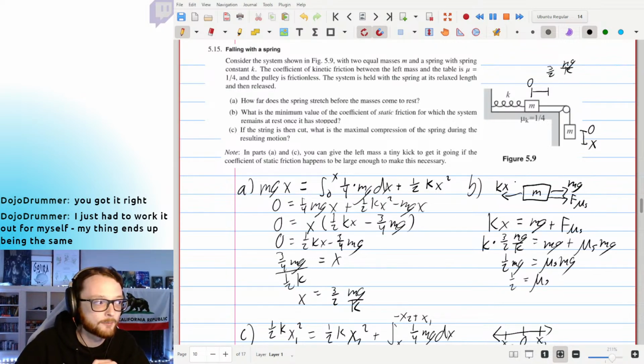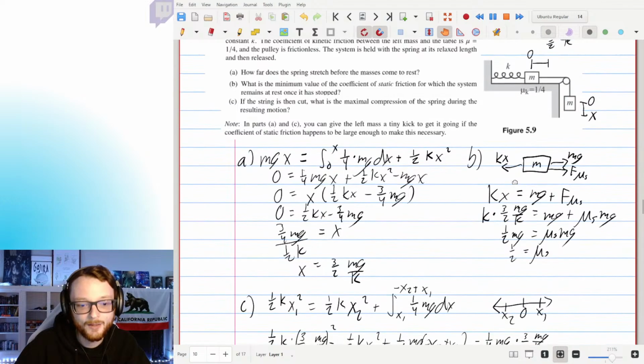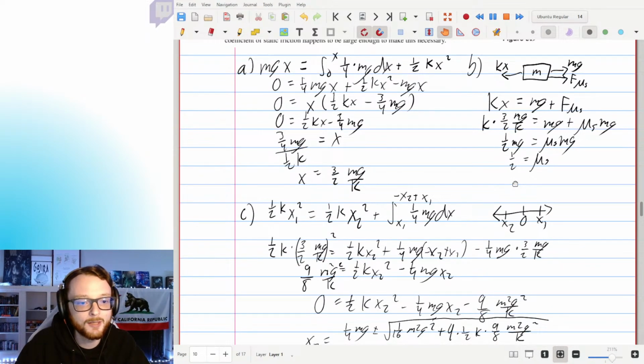And then you let it do its thing, its spring thing. And so what I'm attempting for part C is the initial energy from that initial stretching should equal the spring potential from the maximum compression plus the work done by friction.